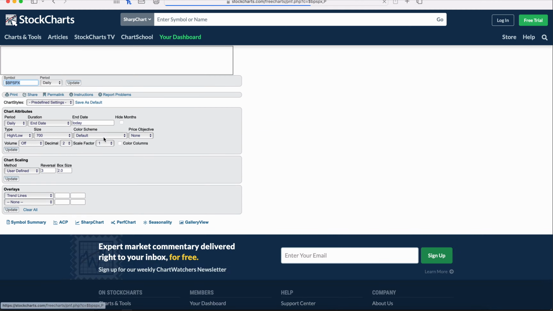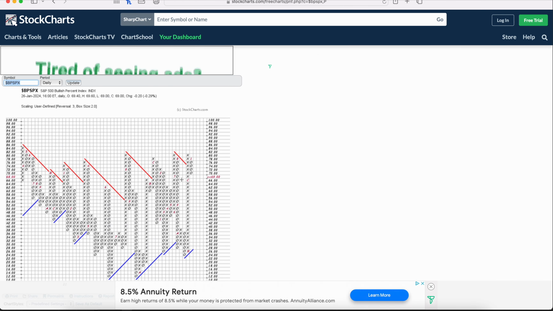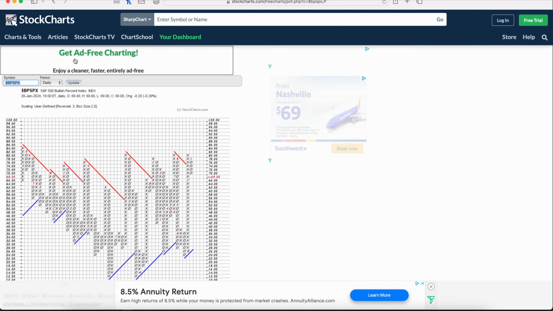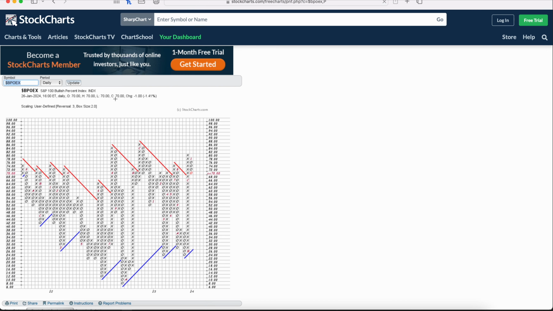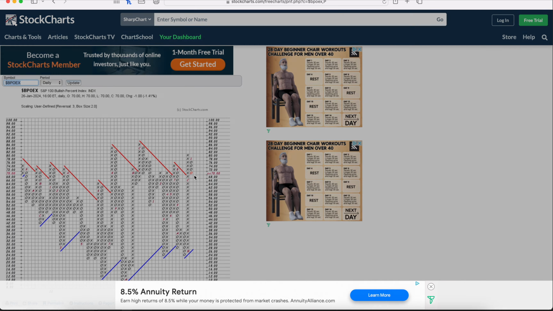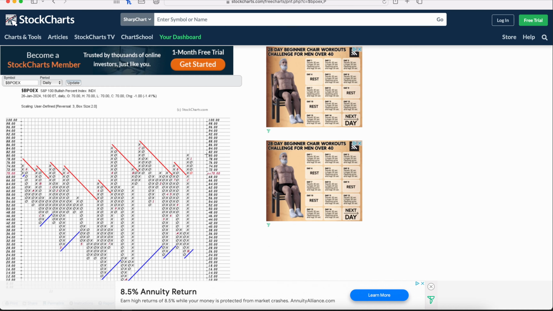The S&P 500 is in a column of O's and went down 0.29% today. Nothing really to write home about there. The OEX tacked on a new O to the downside, and we went down 1.41%.